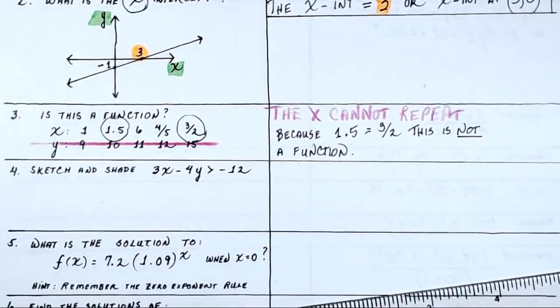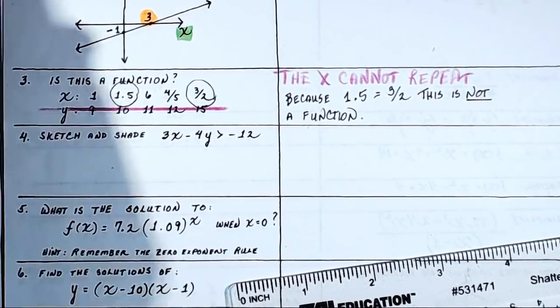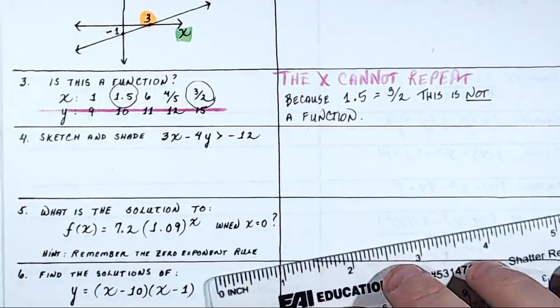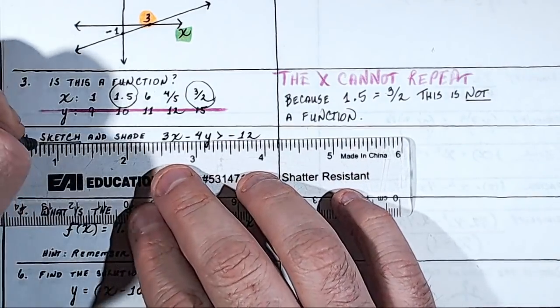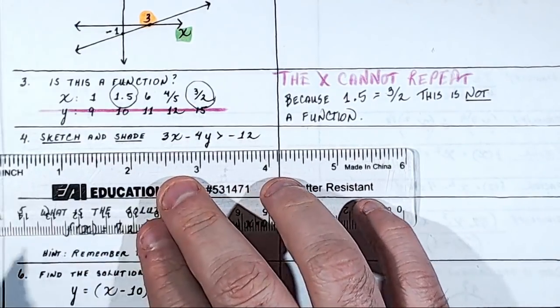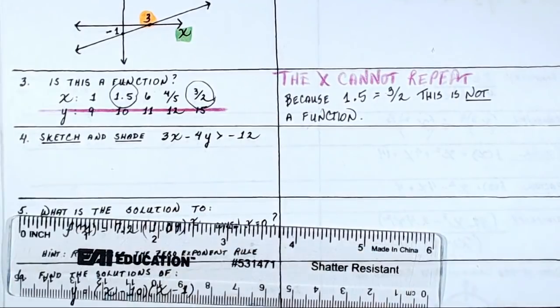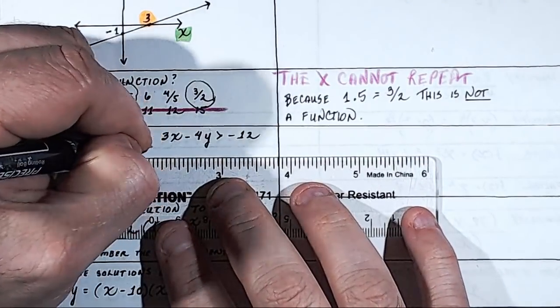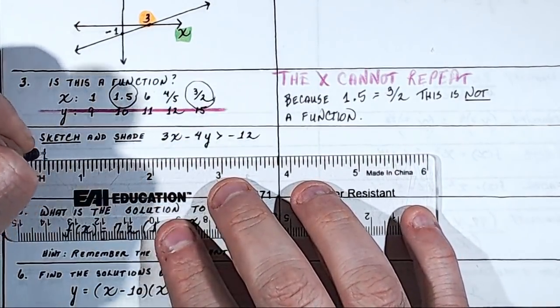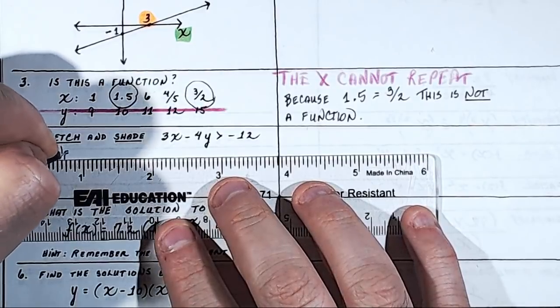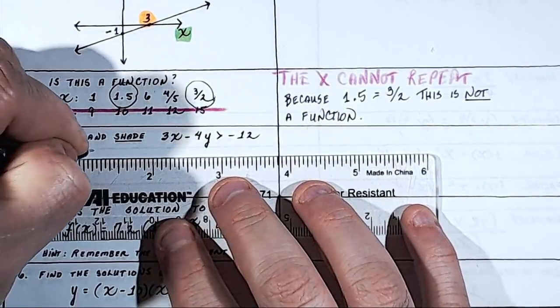Let's move on to number 4. We are asked to sketch and shade this linear inequality right here. This is a linear inequality.